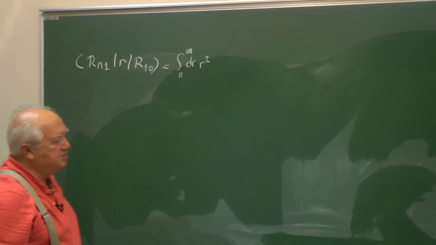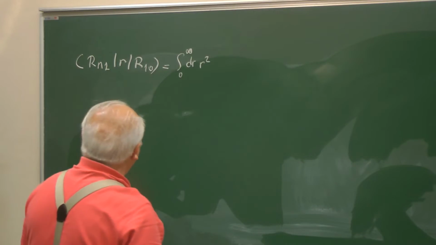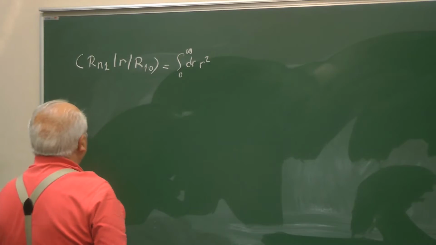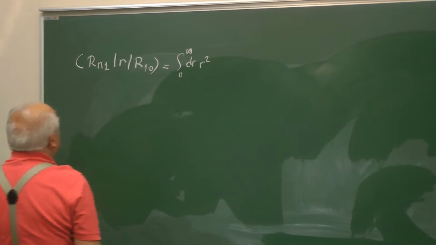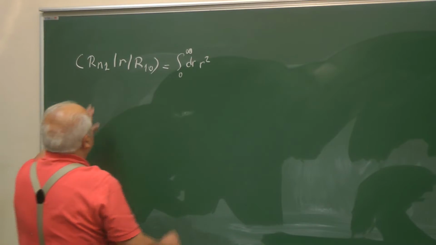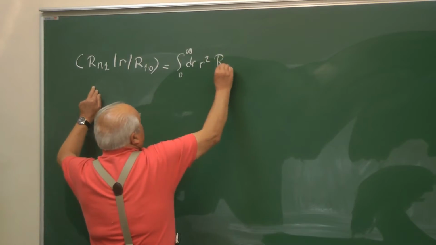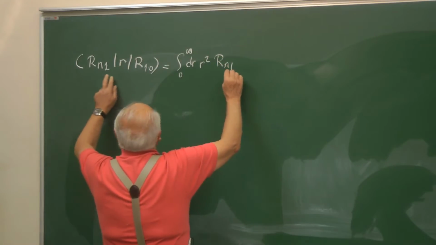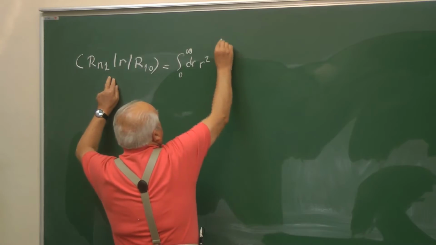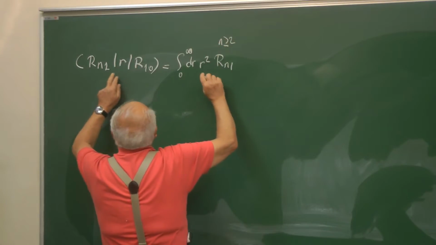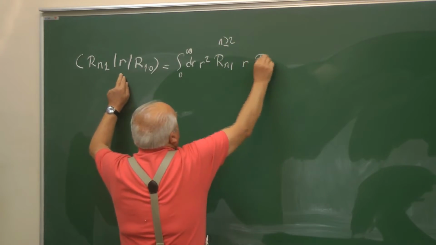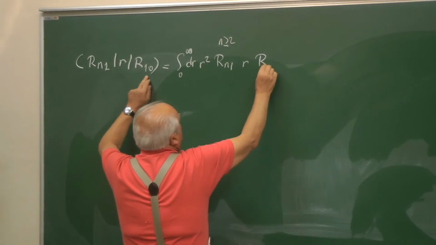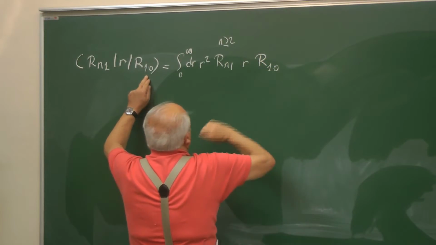The other one is just geometry, but this one is the dynamical coupling: the integral of R n1, for this case n2, and R, and the ground state, which is n equals 1, l equals 0.